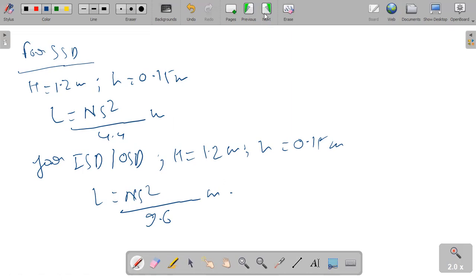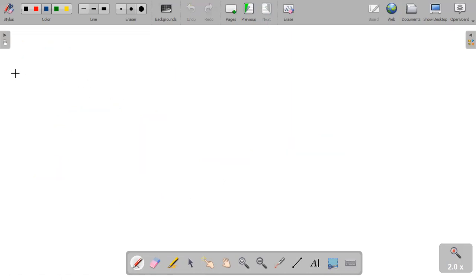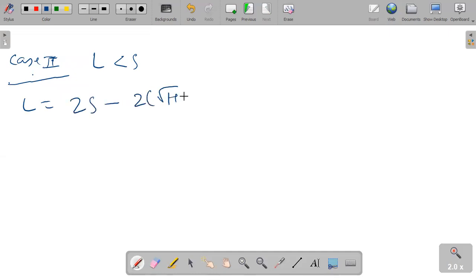Let's move forward to our next case, case second, when length of curve is less than required sight distance. Then we'll get the formula L is equal to 2S minus 2 times under root H minus under root small h, whole square upon n, in meter.